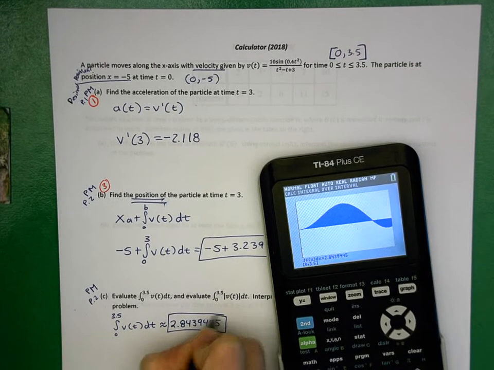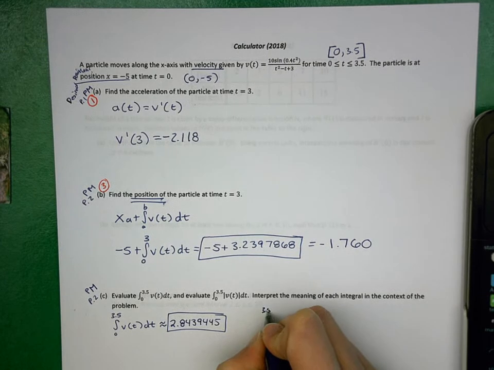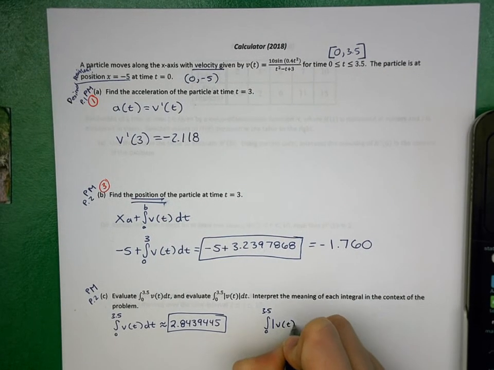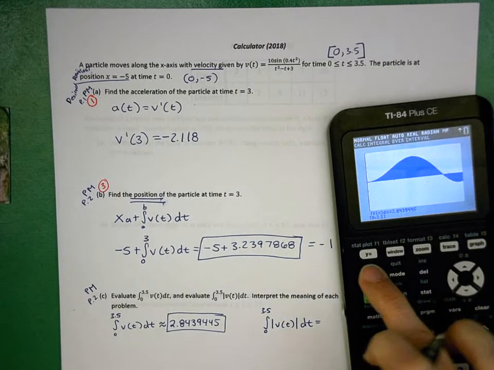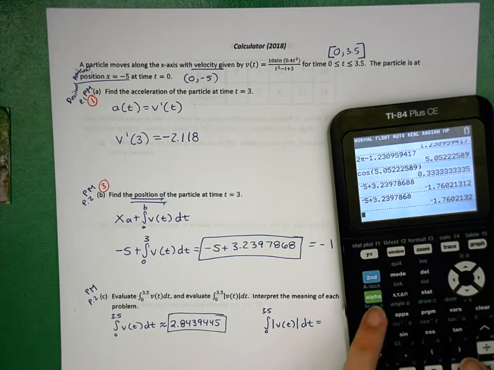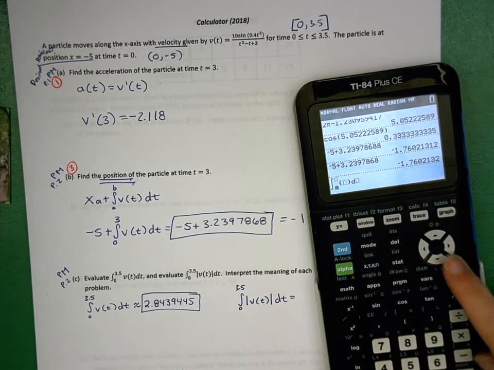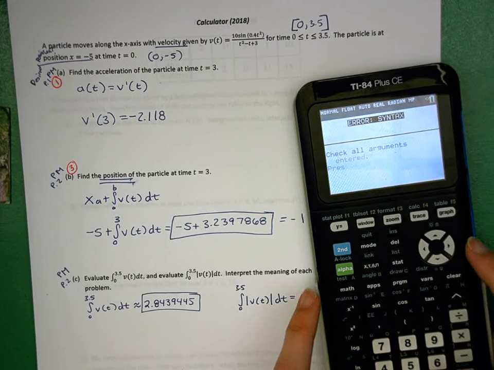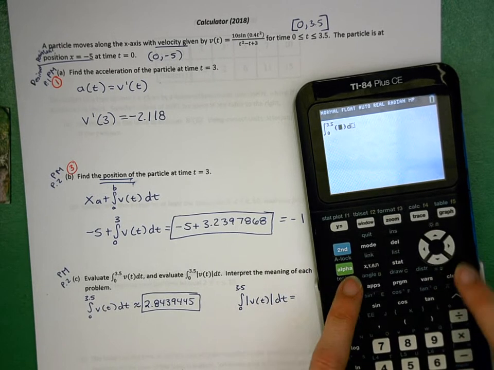Okay. And then we're doing 0 to 3.5 of the absolute value of velocity. So rather than type all that in my graph screen, I'll go ahead and do it in my home screen for those who prefer to do it there. So math 9, 0 to 3.5. Absolute values, math over 1 absolute value.